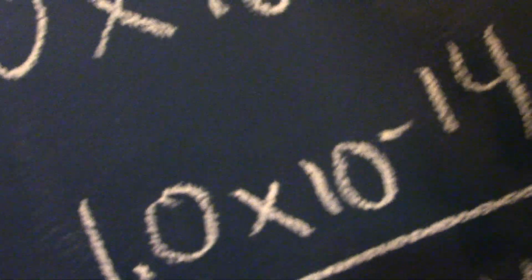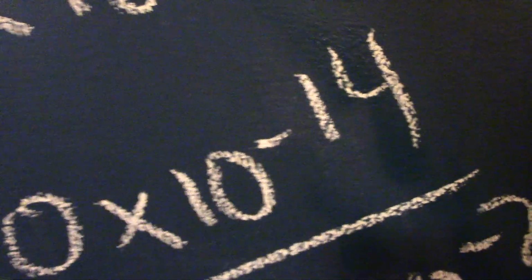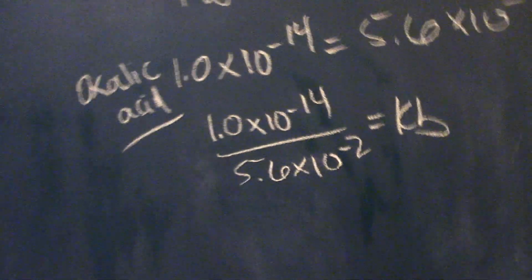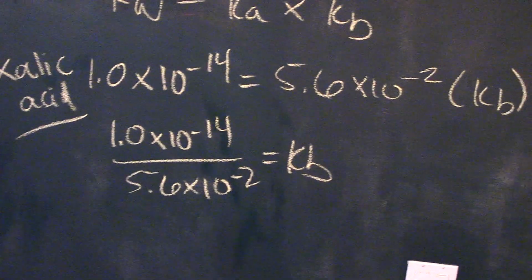So when we solve for this, 5.6 times 10 to the negative 2 times Kb equals Kw. I'm just going to get my calculator real quickly here.